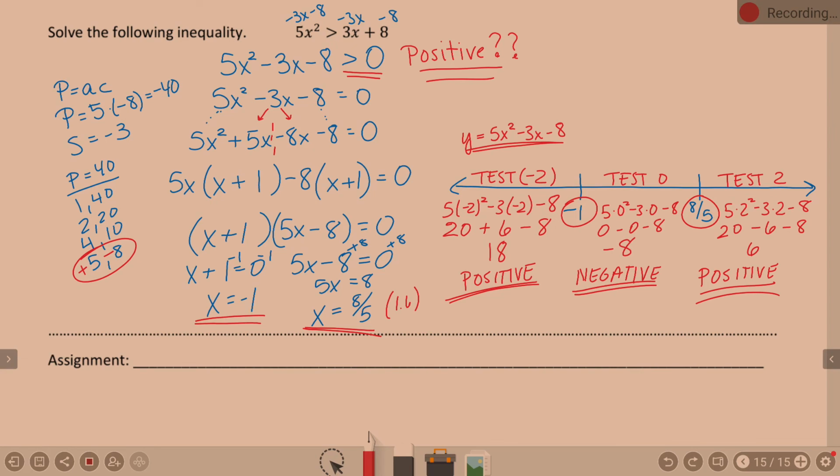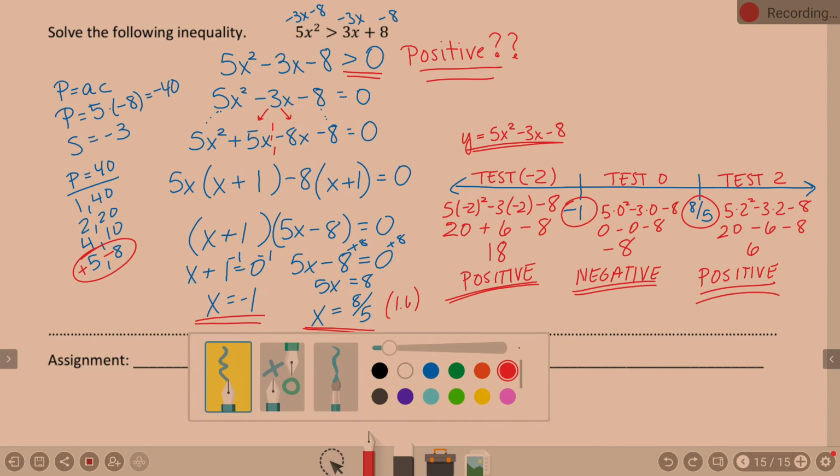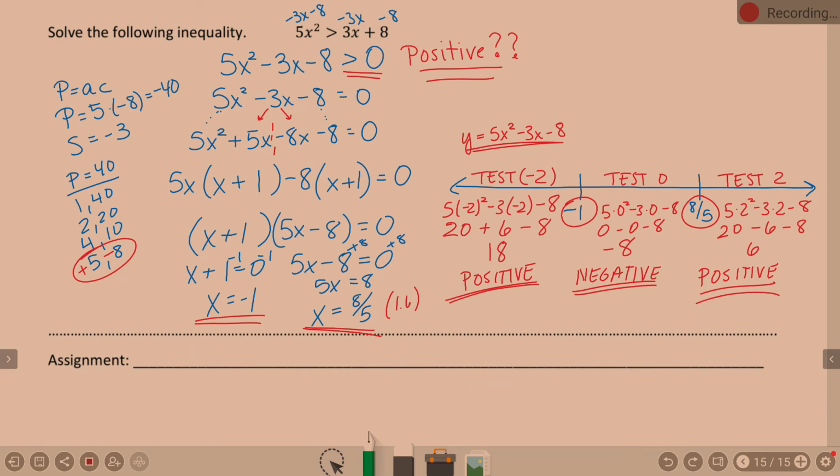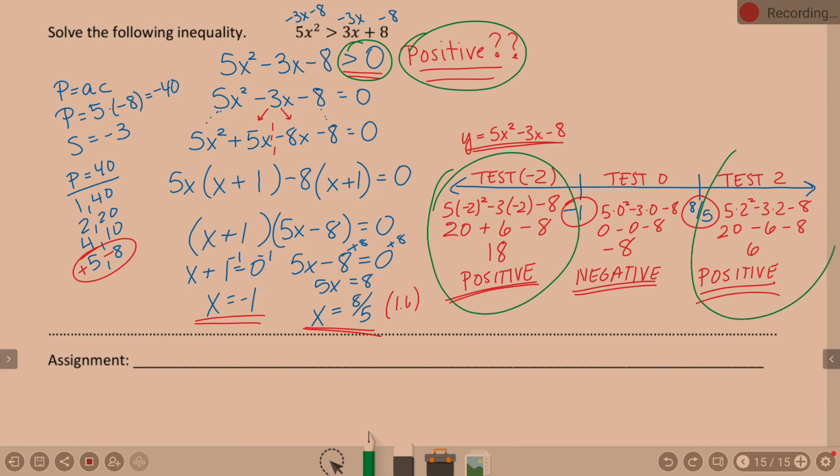Okay? Got a final answer? The question was greater than 0, positive, which happens twice, yes?